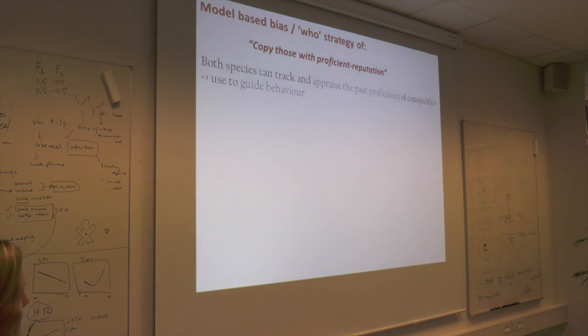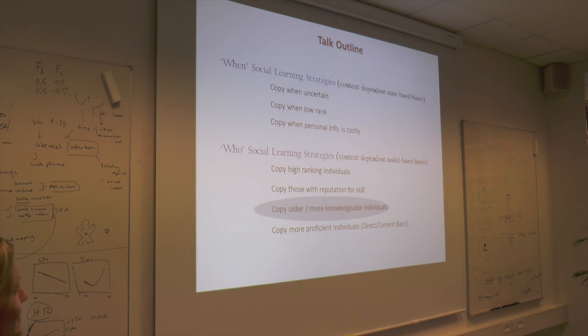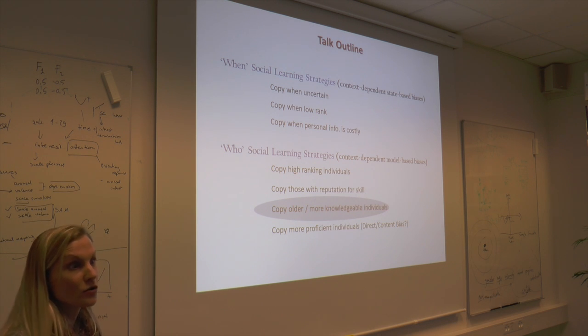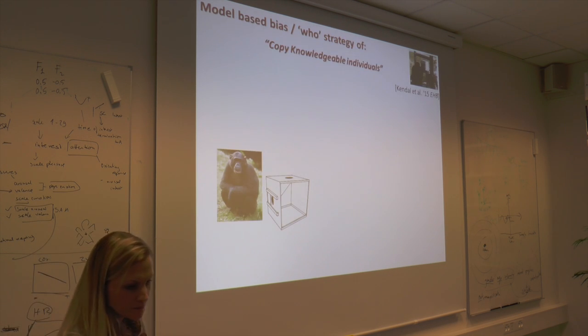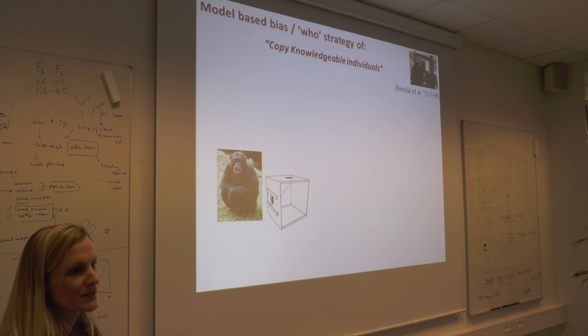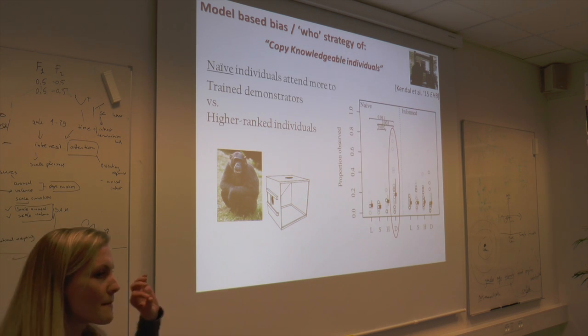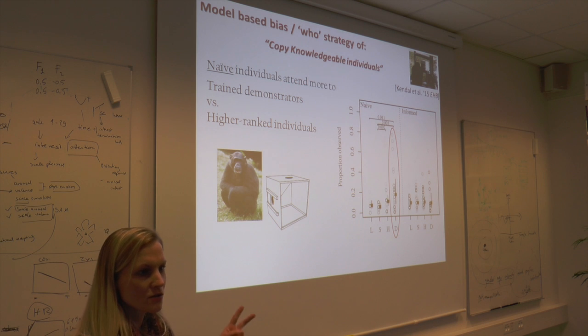Okay, sorry, I have too many animations in here. Right, so now let's look at whether you copy older individuals or more knowledgeable individuals. This is again going back to the chimpanzee study that I told you about. If you remember, we trained 2 individuals in each group to either push to the left or push to the right.